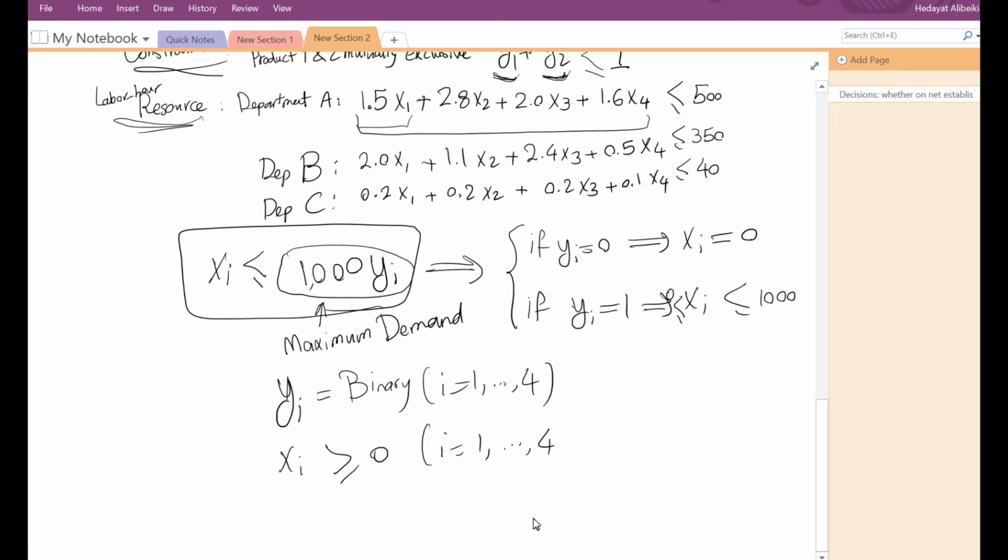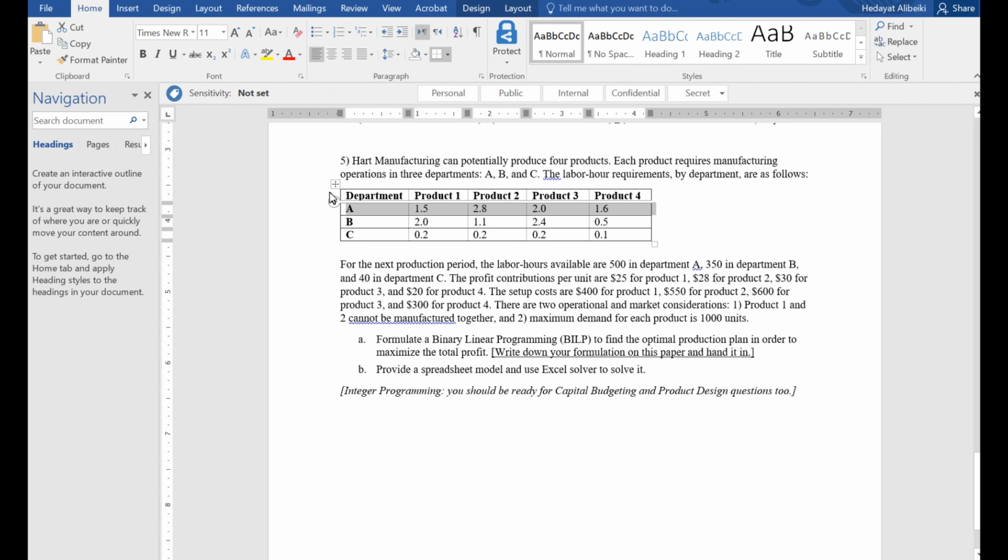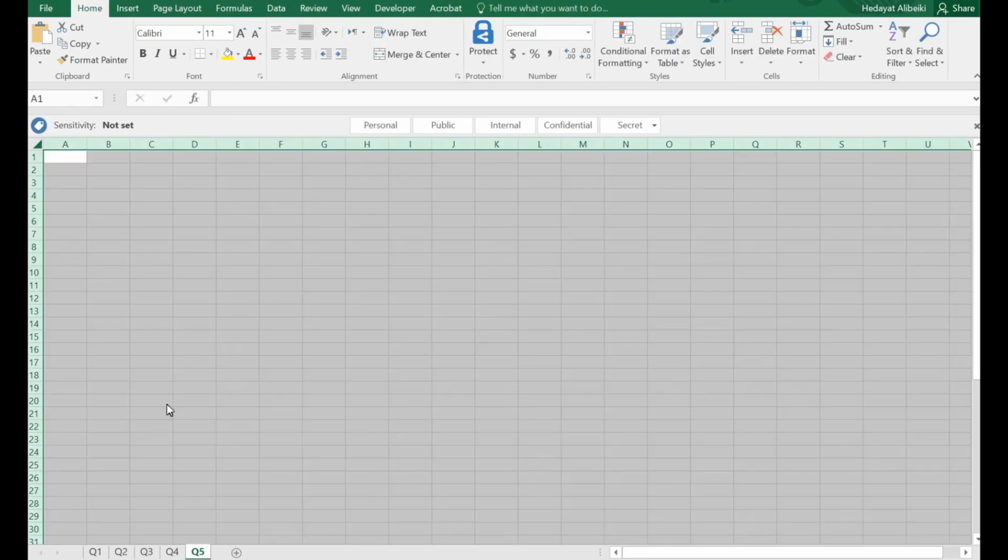So now let's go to Excel and try to solve this. Let me copy this table from Word to Excel.